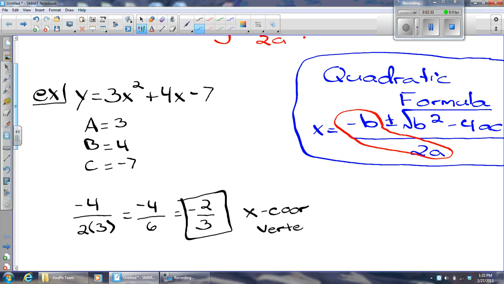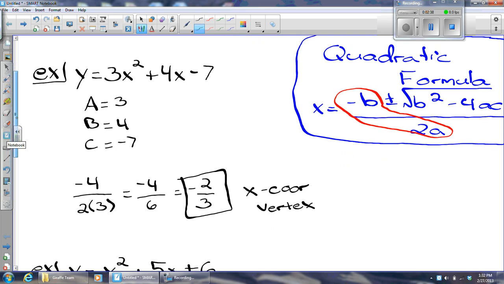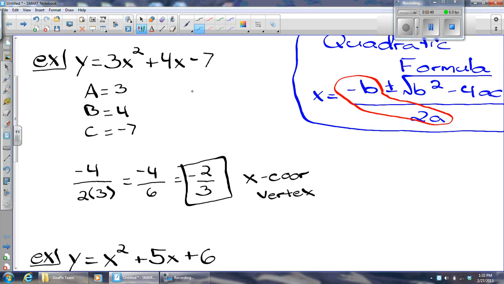Now to find the y-coordinate, we're going to plug this number into our equation. So we're going to have 3 times negative 2/3 squared plus 4 times negative 2/3 minus 7.